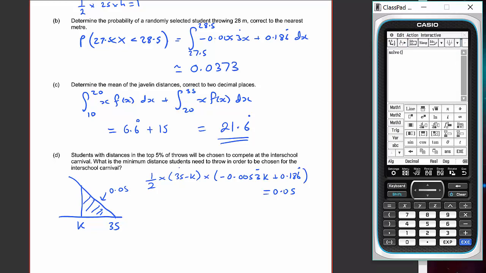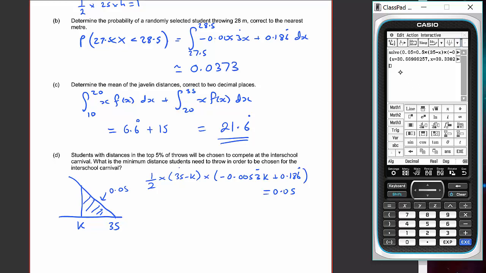So we're going to solve 0.05 equals 0.5 multiplied by 35 take away x multiplied by negative 0.005, put a few threes in there, x plus 0.18, let's put a few sixes in there, and solve.